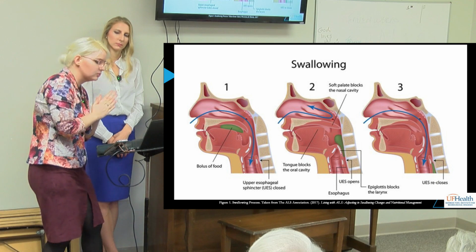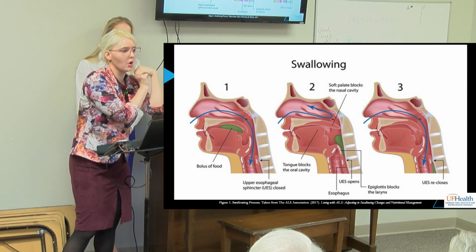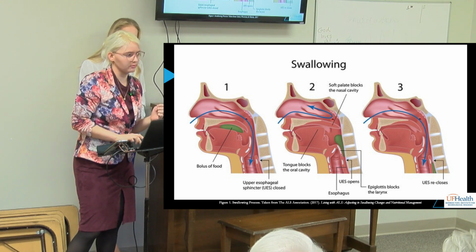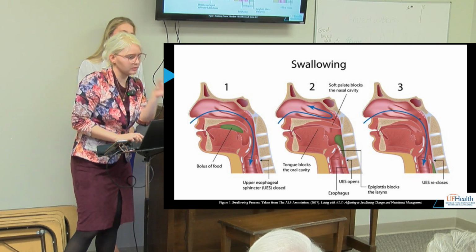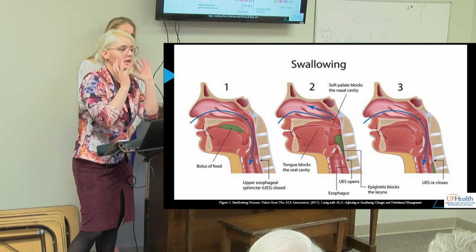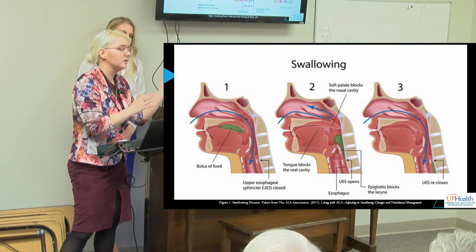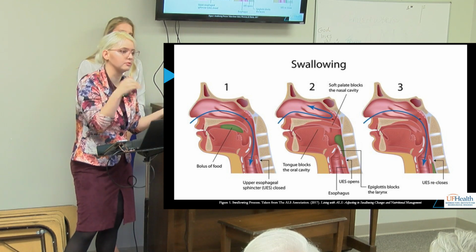As part of that squeezing, you get the folding over of your epiglottis over your airway, because you'll notice that these 2 structures are very close together. The entrance to your air hole is very close to the entrance to your food hole. So a lot of the reason why this mechanism is so complicated and delicate is because there are several precautions to try and protect your airway from food going into it.